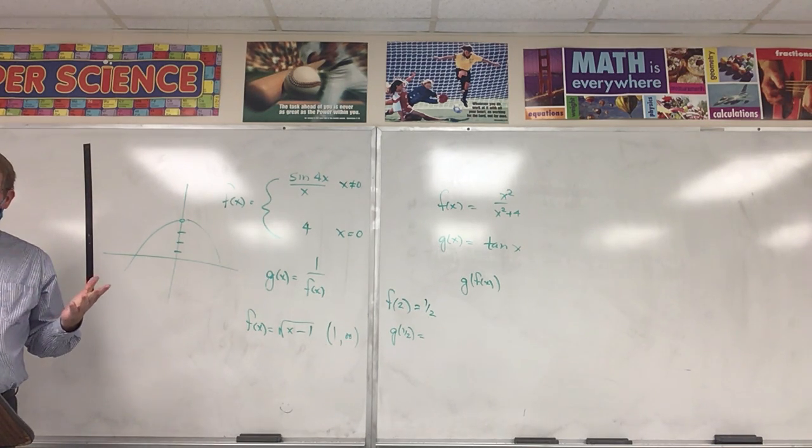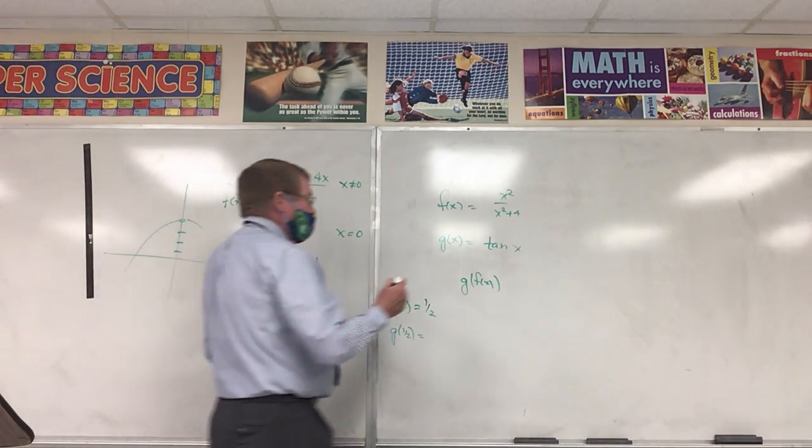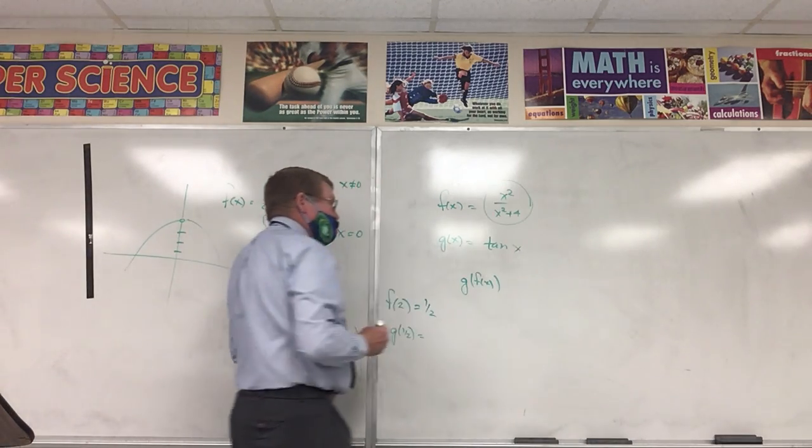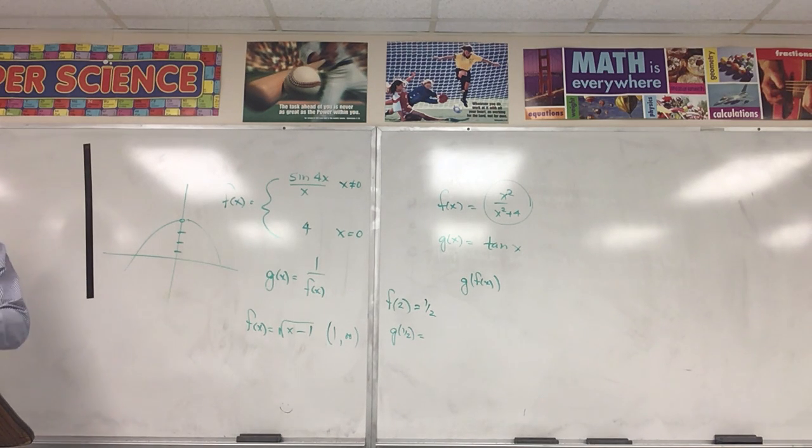They're both defined values, right? Is there any place here that is discontinuous? x squared over x squared plus 4. Any place there that is discontinuous? Any place where that denominator will be 0? No. So f of x is not discontinuous.